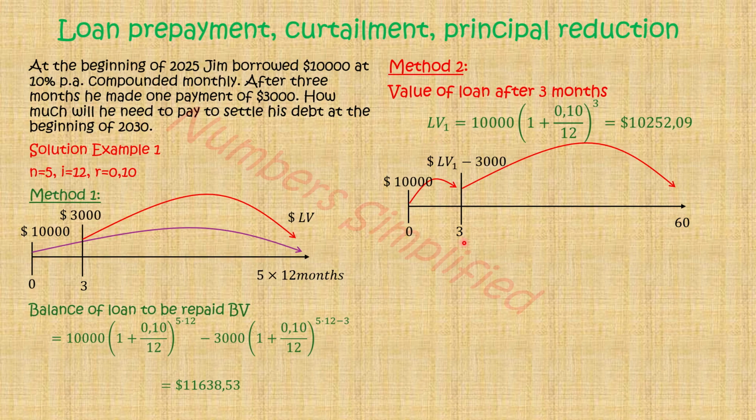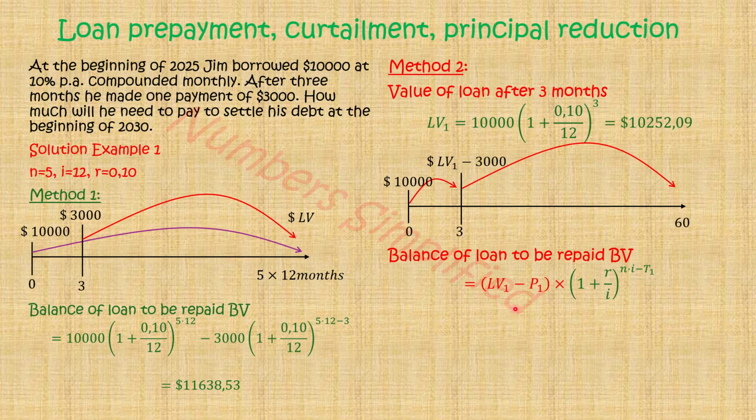So now that we have obtained the value of the loan in 3 months, we see and know that in the 3 months, a payment came through that was meant to clear the value of the loan. So that happens, implying that the value of the loan at that particular point, 3 months, is going to be LV1 minus P1. P1 is the payment, and LV1 is the value of the loan after 3 months.